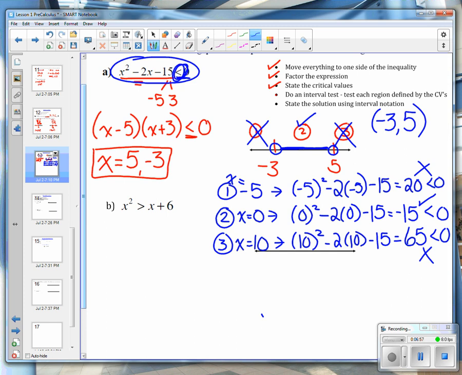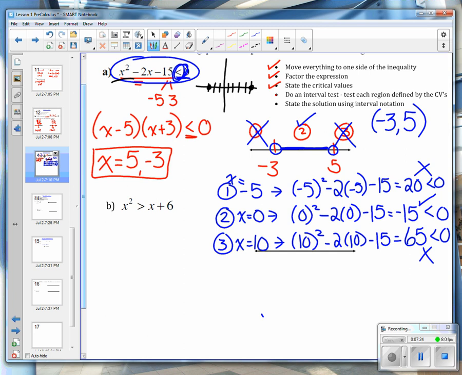Another way, just to give you guys a little bit of a heads up, if you're a really visual learner and you really like graphing, you could actually cut out 3/4 of this work. If I look at my graph of this, and I'm not going to do this every time, but just to give you guys the heads up that you could have also done this in your head. So positive 5 and negative 3, I have a point here, and 1, 2, 3, 4, 5, I have a point here.